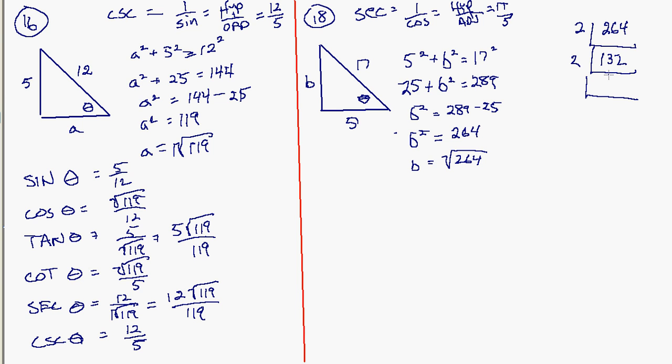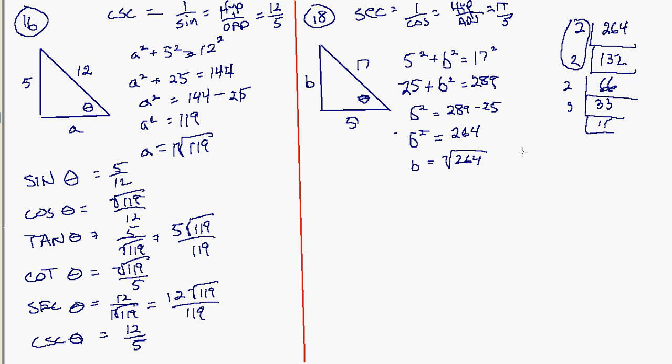Okay, and then if I divide that by 2, I get 33, and there's 3, and there's 11. So it looks like there's a pair right here. So square root of 4 times the square root of 66, so that's 2 square root of 66. So b is equal to 2 square root of 66 in reduced form, and away we go.